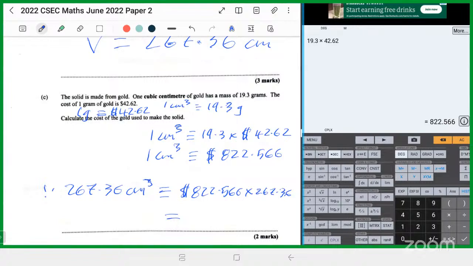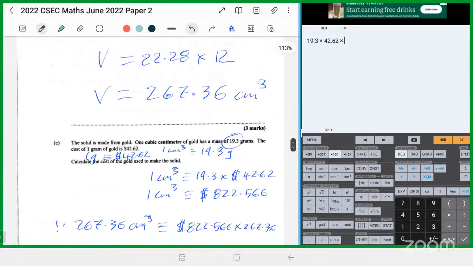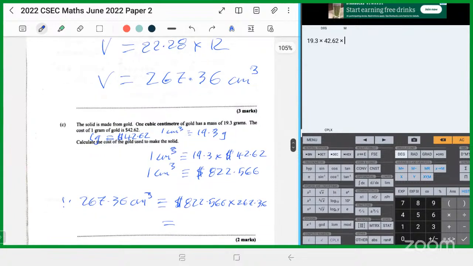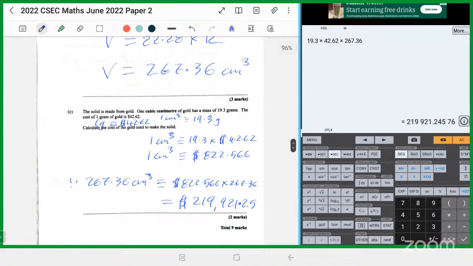We multiply again, multiplying the three values that they gave us, this times this times this, to get the answer. I'm just trying to make you understand it. So multiplying that by 267.36, we get $419,921.25. That is the amount of money for that bar of gold.